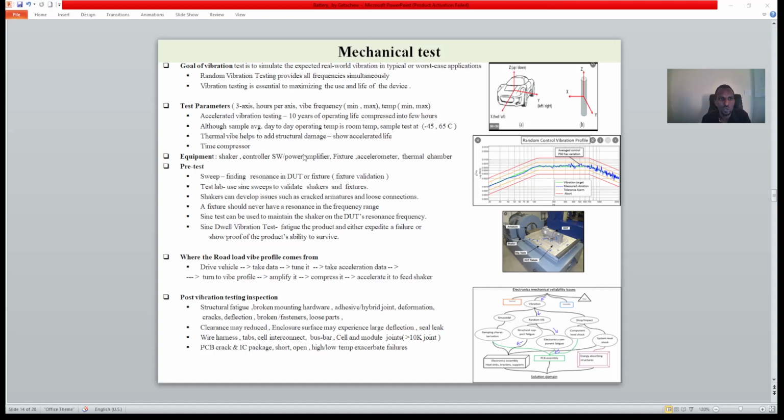And then let's talk about the parameters. First of all, you confirm you tested in 3 axes, and then how many hours is equivalent to the lifetime of the component. It can be a week, it can be 100 hours, it can be 300 hours.